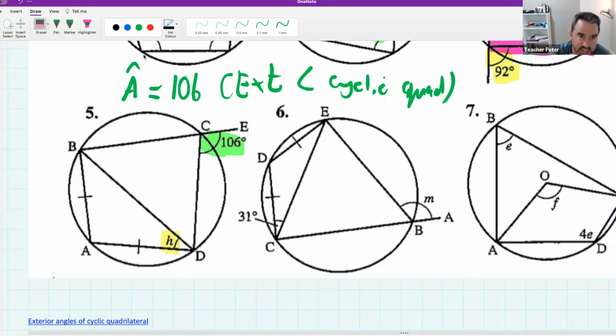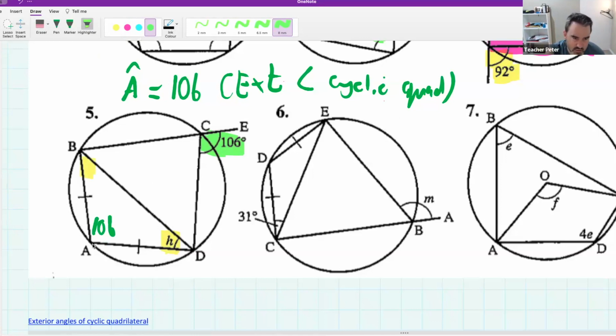But just because this is 106, I need some more insight. Who can help me bridge from 106 to the H? Maybe give you another hint here. AD and AB are equal.